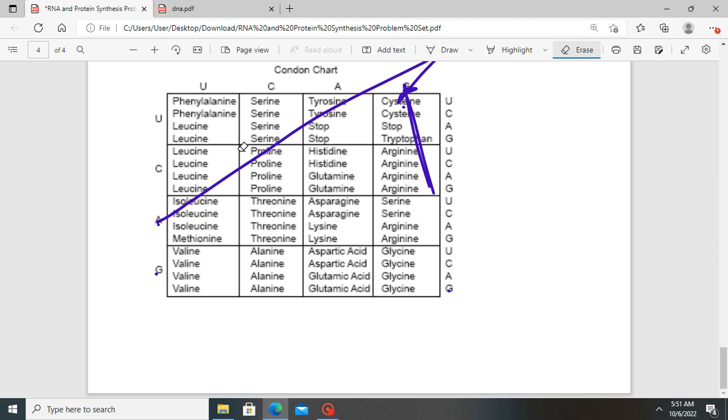Let's say you want to read UCC. We have U, we have C, then C. So UCC is serine. So that's how to read codons from the codon chart.